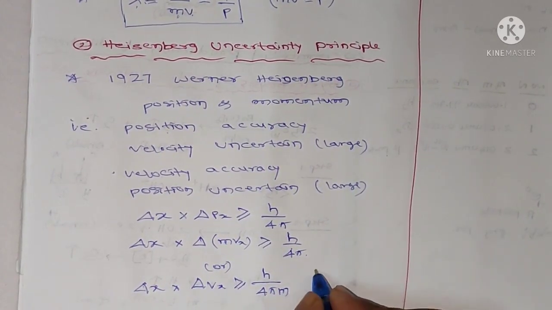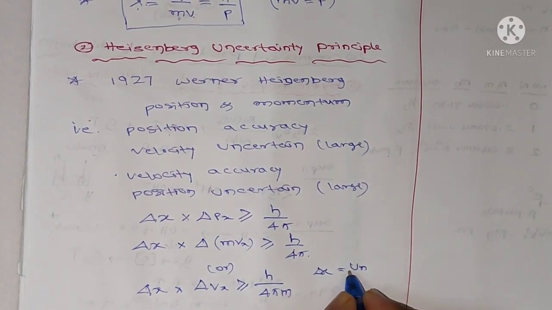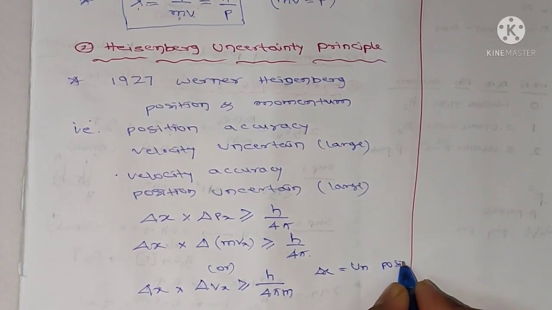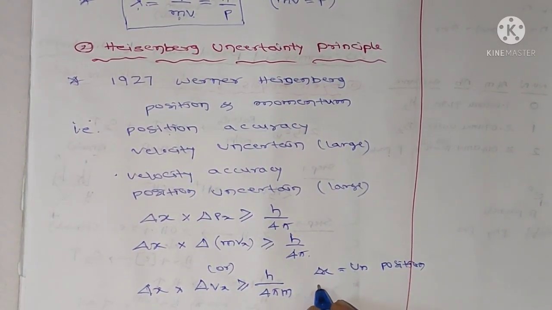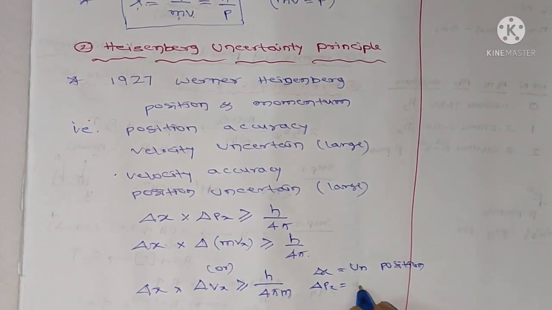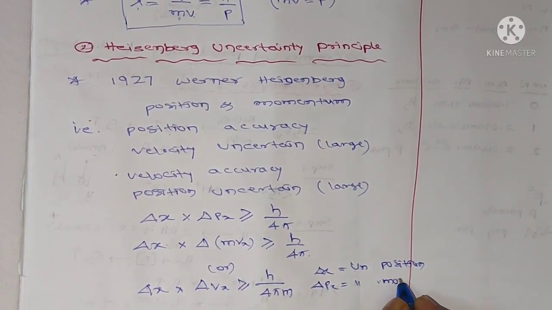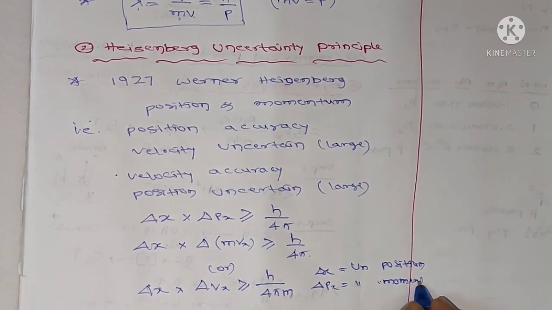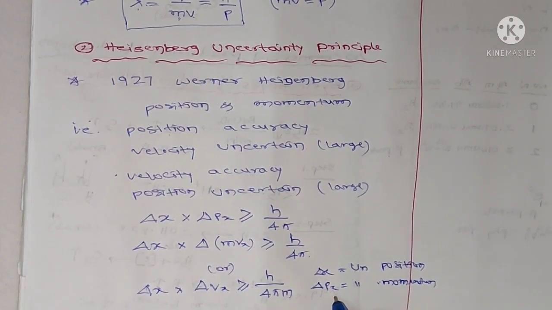Here delta x is the uncertainty in position of particle, and delta px is the uncertainty in momentum of a particle.